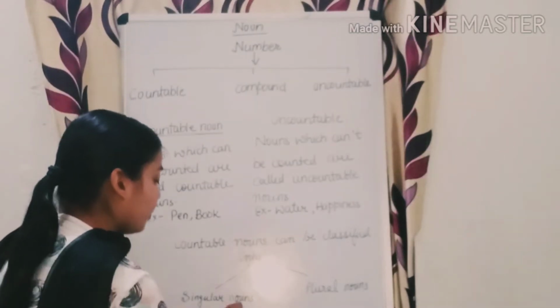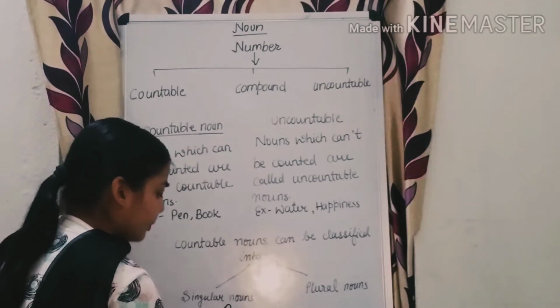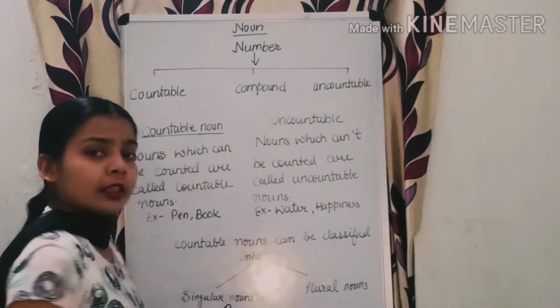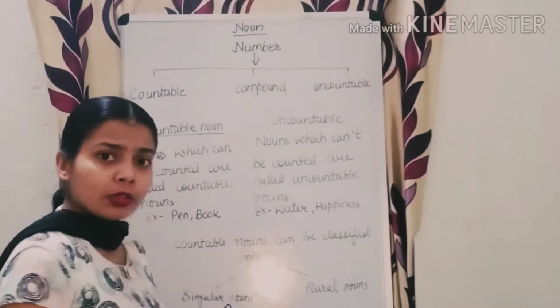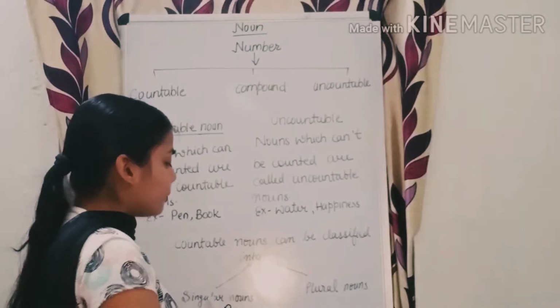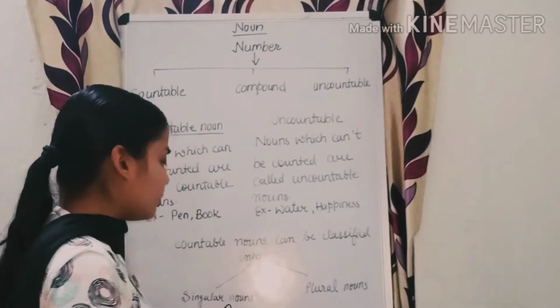For example, pen, a pen, book. It is one. If I have one pen, then it's a singular noun. One book, singular noun. But what will happen if I have more than one pen or more than one book?